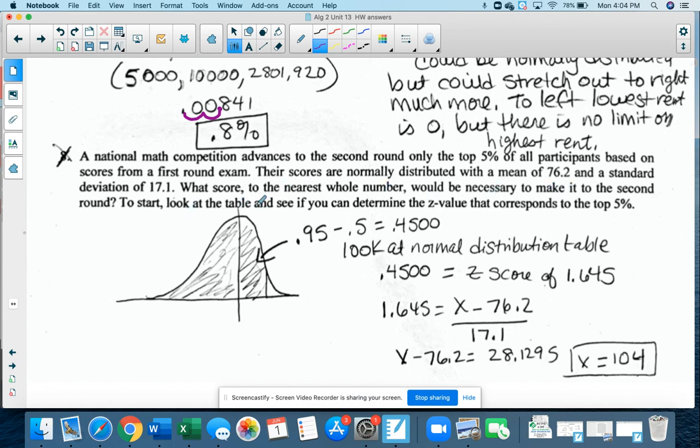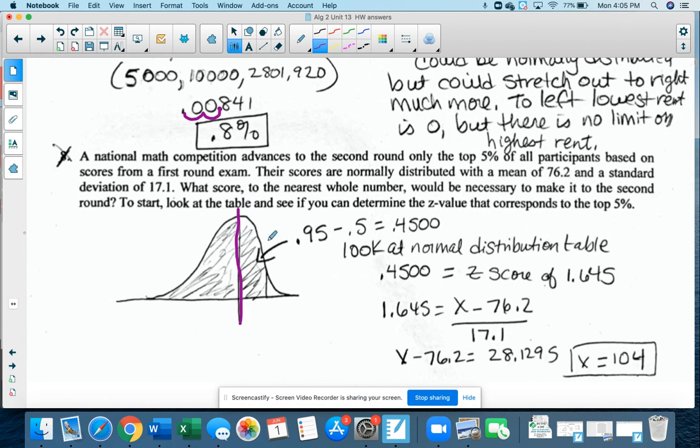To start, look at the table and see if you can determine the z-score that corresponds to the top 5%. So if I'm talking about the top 5%, I drew my little normal distribution right here. So 0.95 is everything in here that's shaded. But I'm going to subtract 0.5 because I don't really care about this. I'm caring about everything that is to the right of this mean.